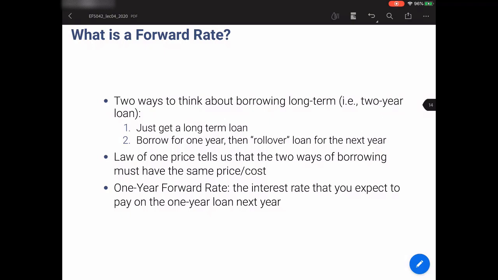Assuming that there's no so-called rollover risk, meaning, again, no counterparty risk, the likelihood of not finding a lender is close to zero. In those scenarios, these two strategies should yield you the same present value. Okay.